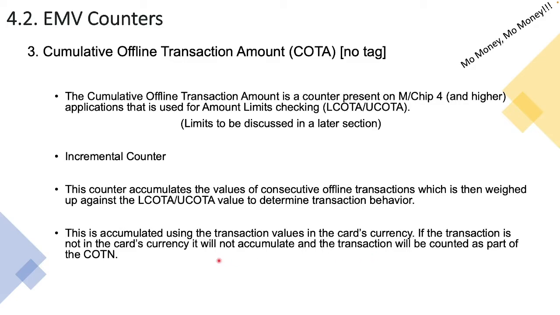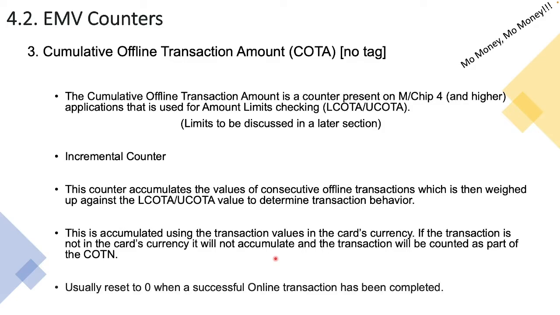Right? If the transaction is not in the card's currency, it will not accumulate, and the transaction will be counted as part of the other counter, which we'll discuss later on, which is the COTN counter. Interesting thing to note is that this counter may be reset to 0 once a successful online transaction has been completed.